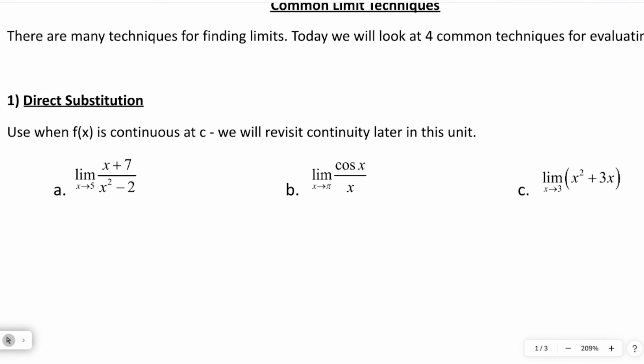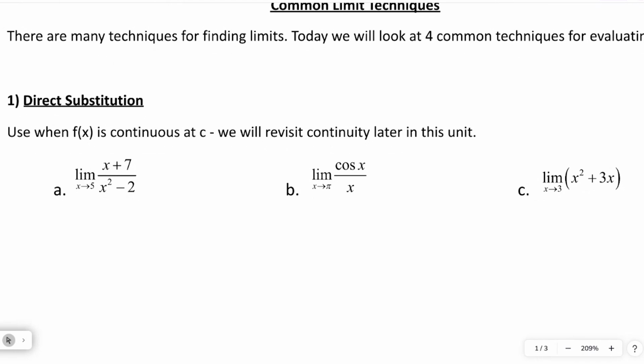We'll spend a lot more time on continuity in a few days, so we'll come back to that. But the basic idea is if you can draw the curve without picking up your pencil, then the function is considered continuous, at least at that spot. So if that's true, then you can simply plug in the x value that you're approaching, and you'll get your answer.